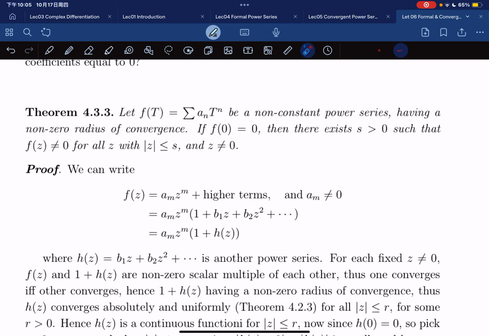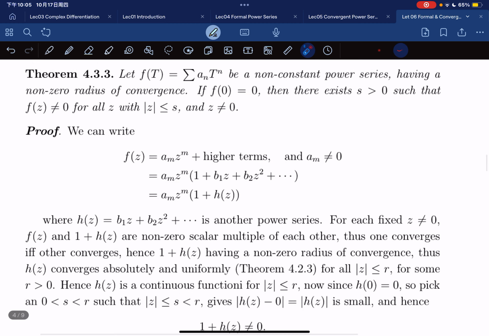To prove this, because it's a non-constant power series but f(0) is 0, the constant term is 0, so we can write it as this plus higher terms.